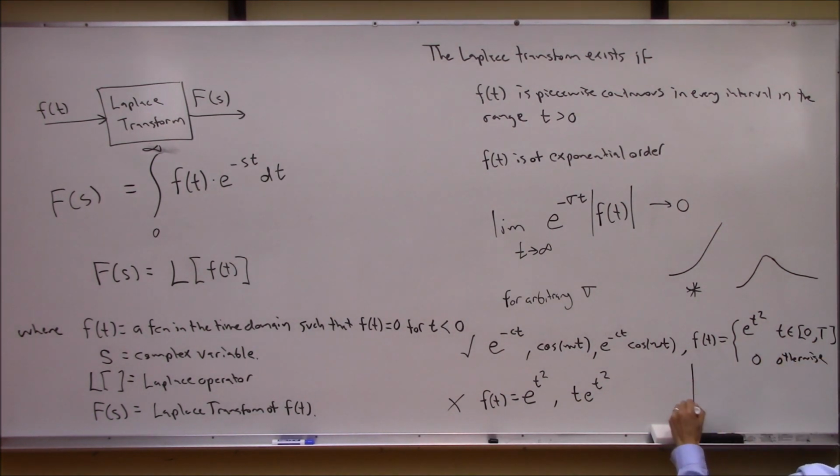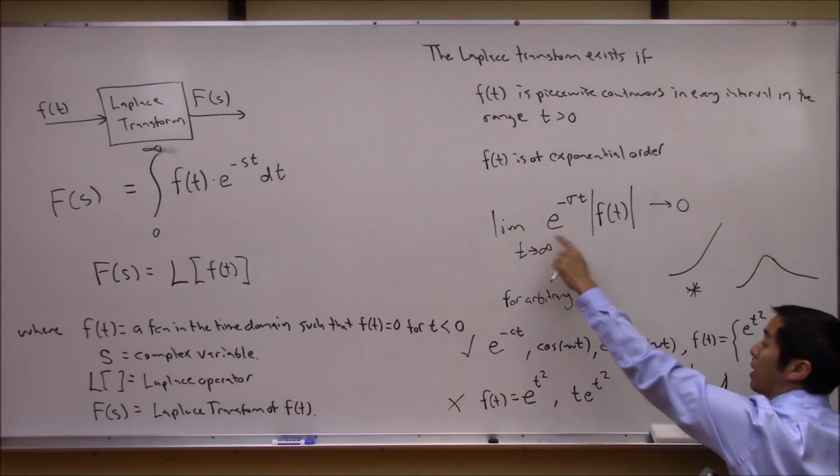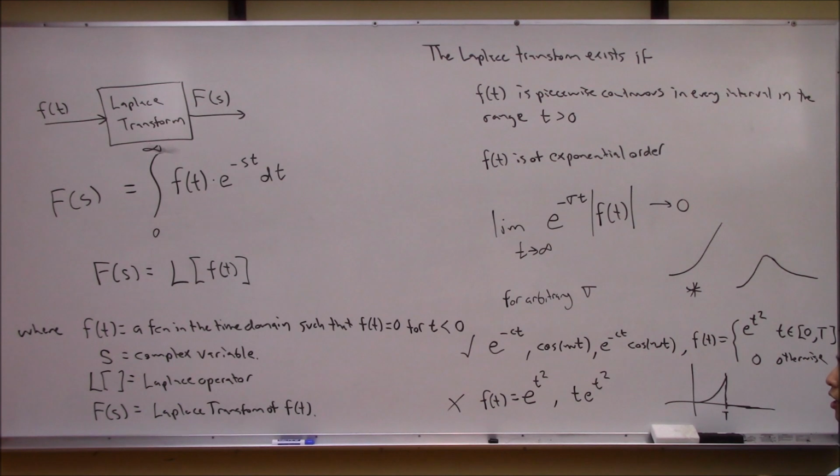This function might blow up quicker than an exponential, but at some point, capital T, it drops to 0. So eventually, it will meet the exponential order condition, and therefore it has a Laplace transform.